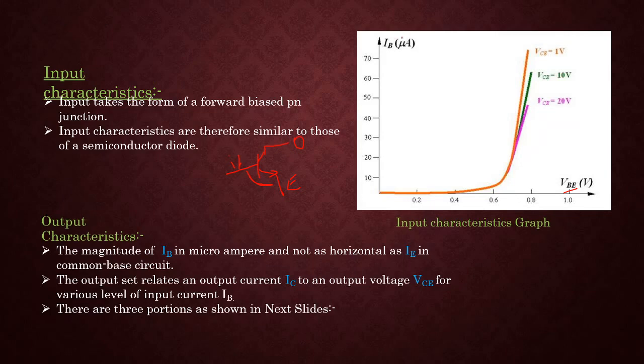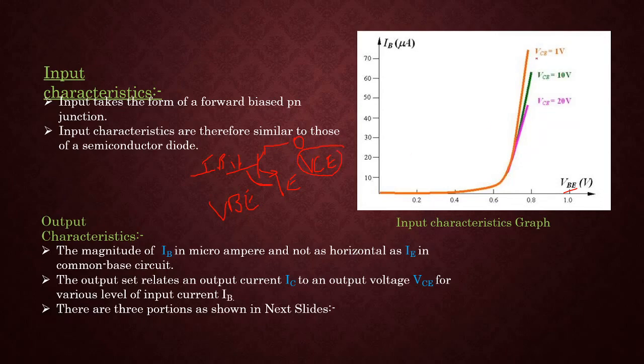Next we concentrate on the characteristics of the input. The input voltage is VBE and the current is the IB current. To study these characteristics, the output voltage should be maintained constant.